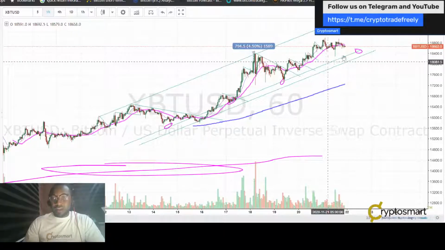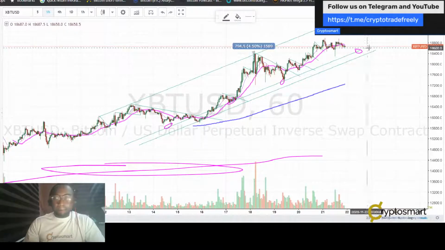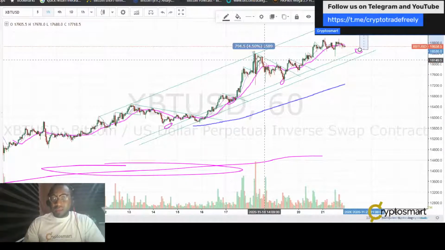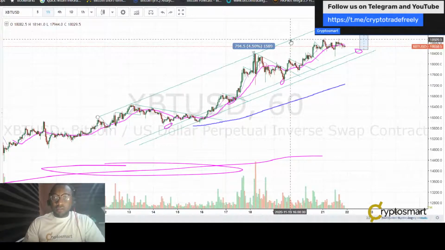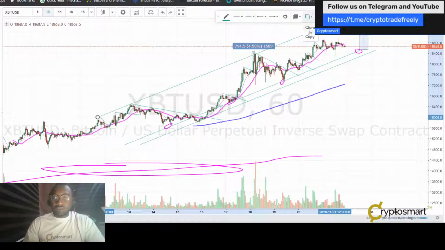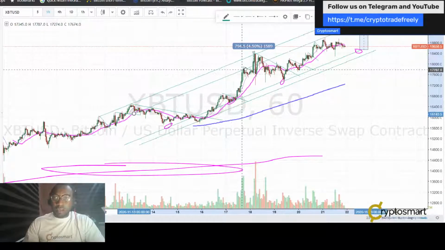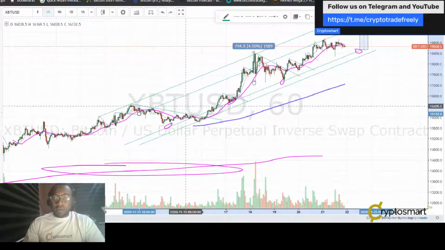Having this uptrend right now, if you buy here, I've already placed a trade around there, and I'm projecting a short-term projection of Bitcoin to reach here. Why did I pick this line?